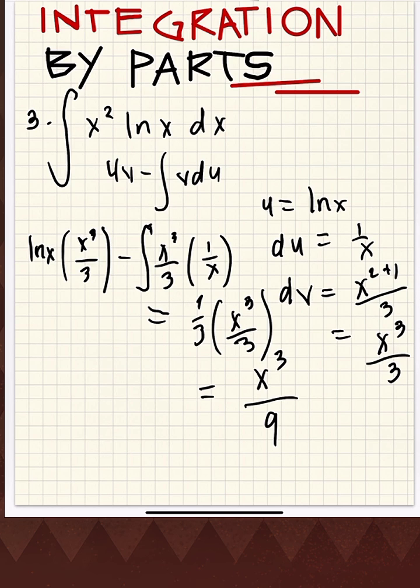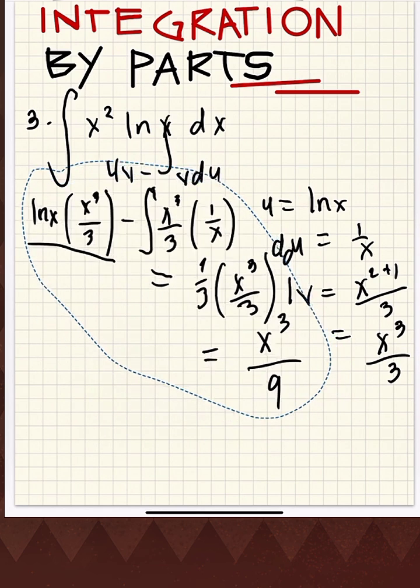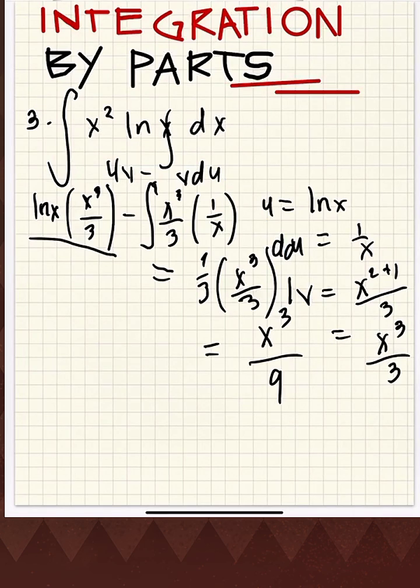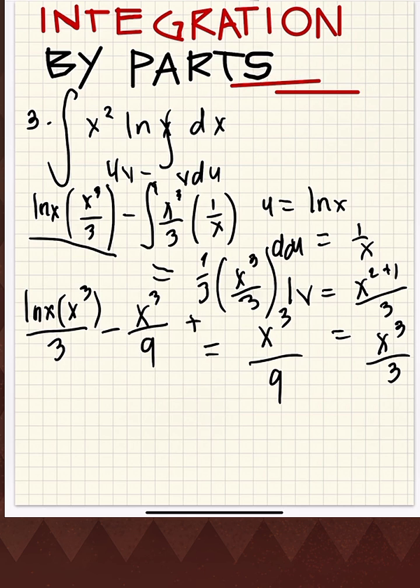So merge it with this, so this will become ln x times x cubed over 3 minus x cubed over 9 plus c.